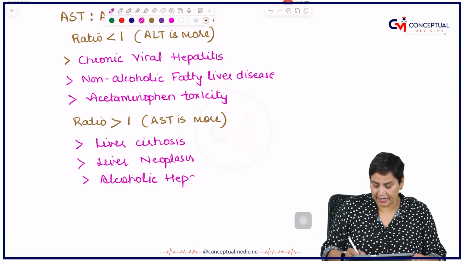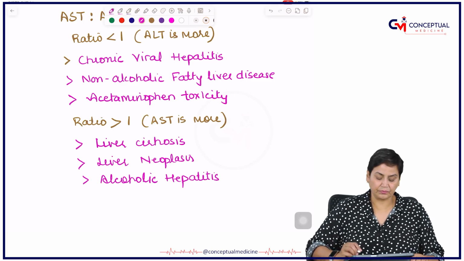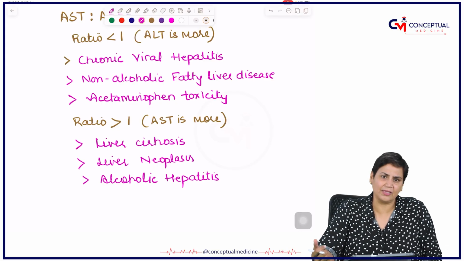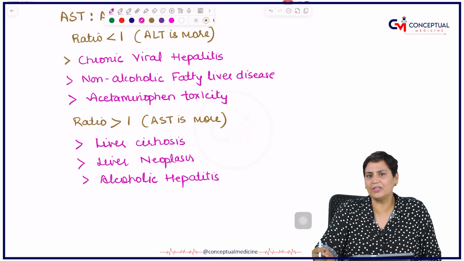So these are the two very important enzymes, and basically these belong to the class of transaminases.